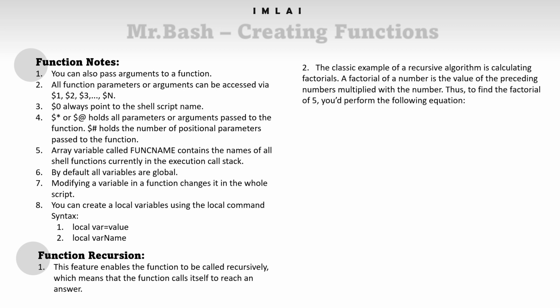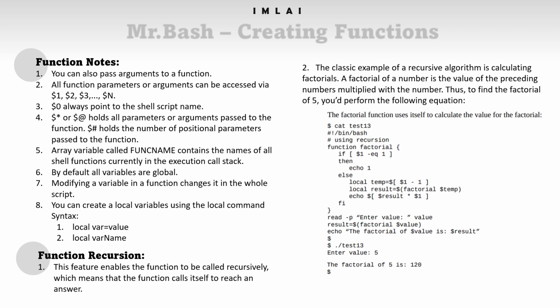This feature enables the function to be called recursively, which means that the function calls itself to reach an answer. Usually a recursive function has a base value that it eventually iterates down to. Many advanced mathematical algorithms use recursion to reduce a complex equation down one level repeatedly, until they get to the level defined by the base value.